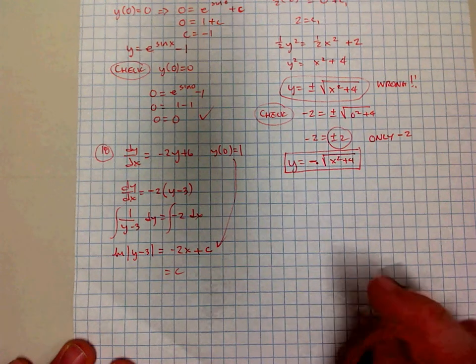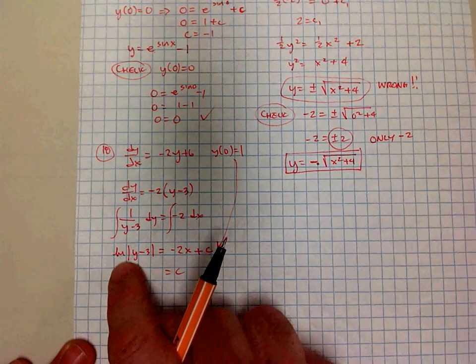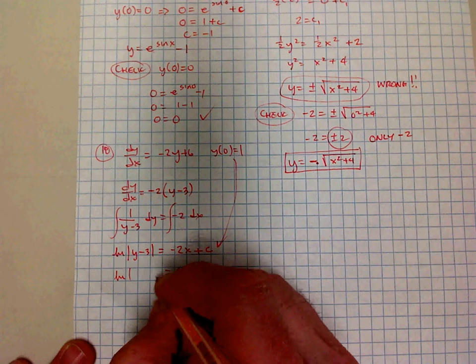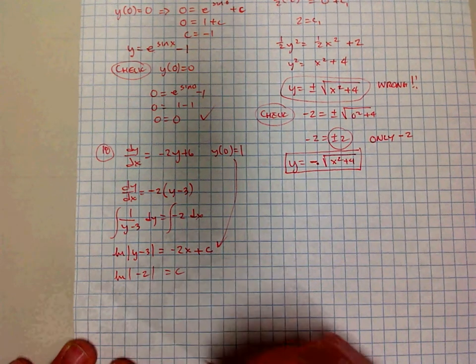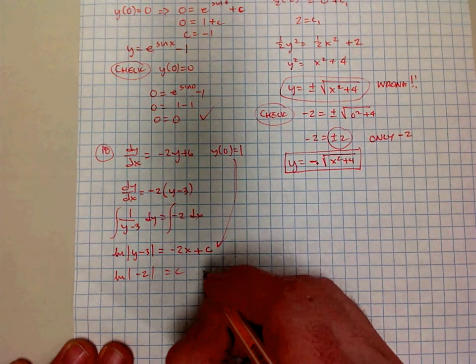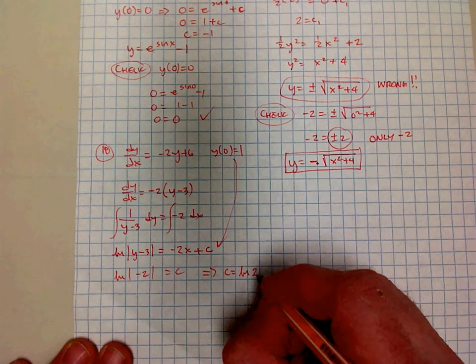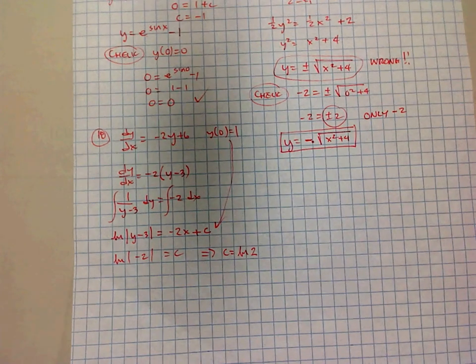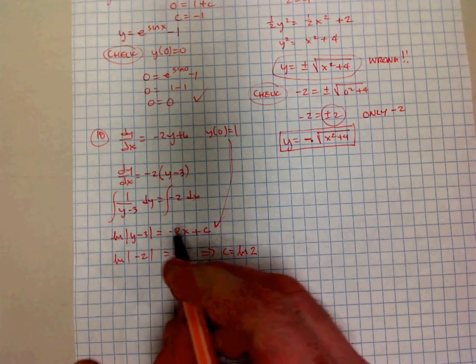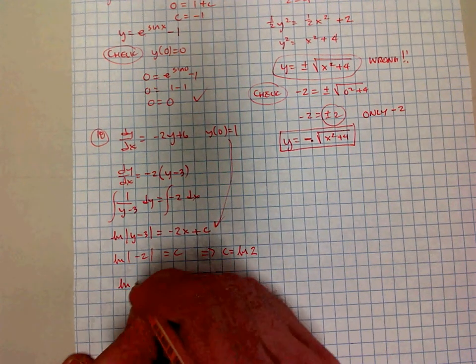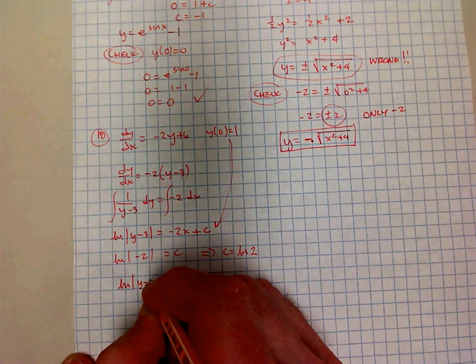This will be the natural log of 1 minus 3, which is negative 2, which means c equals the natural log of 2. The absolute value of negative 2 is 2. So we can continue on, now knowing what c is. This will be the natural log of the absolute value of y minus 3 equals negative 2x plus the natural log of 2.